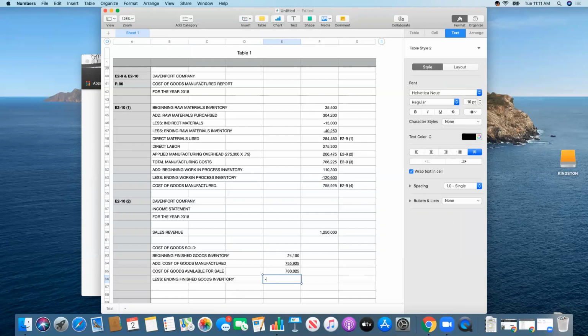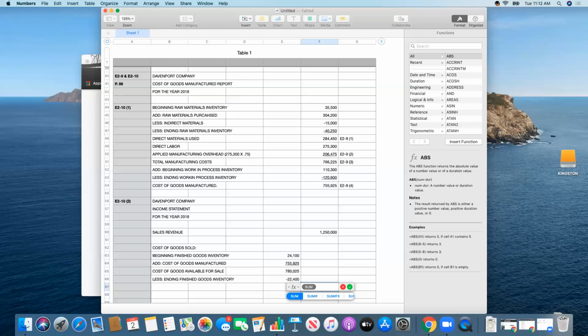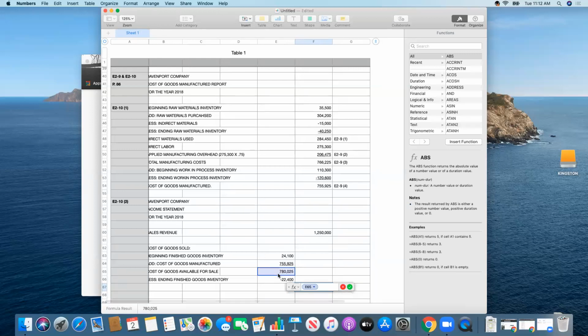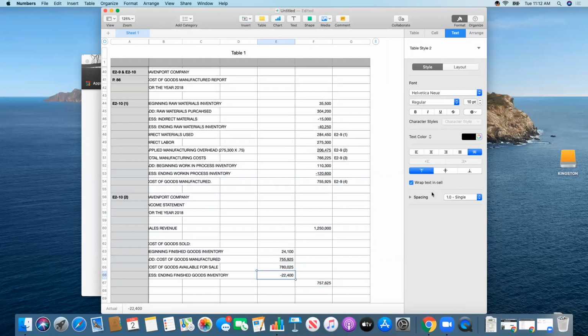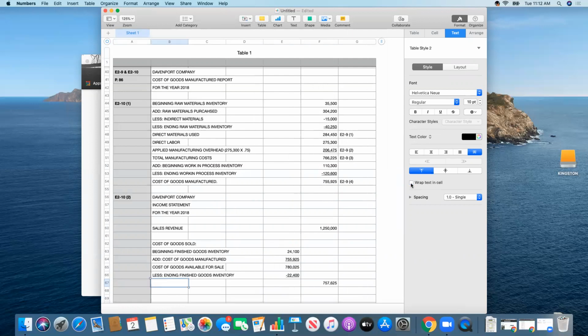Ending finished goods inventory was 22,400. That is cost of goods sold.